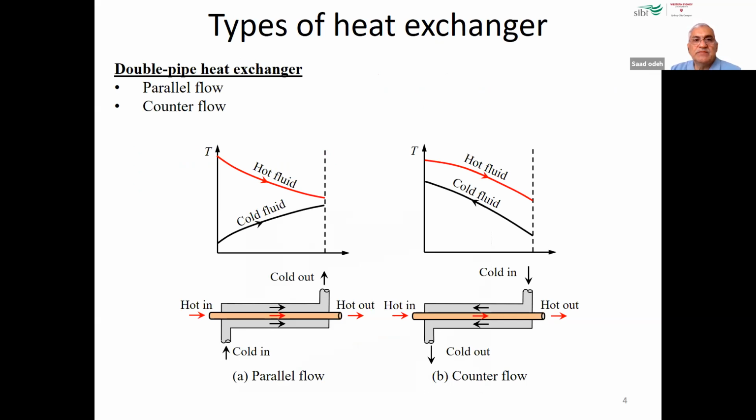Now, the types of heat exchangers. The most popular one is the double pipe heat exchanger. The double pipe heat exchanger has two forms or two designs. The first one we call parallel flow, and as you can see, both fluids, the hot fluid and the cold fluid, are entering from the same side. In this case, both of them enter from the left side, and both of them leave the heat exchanger at the right side.